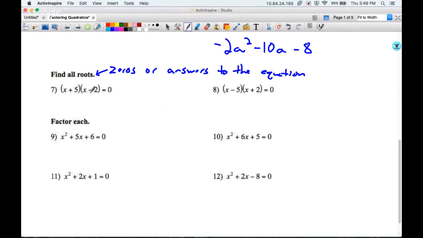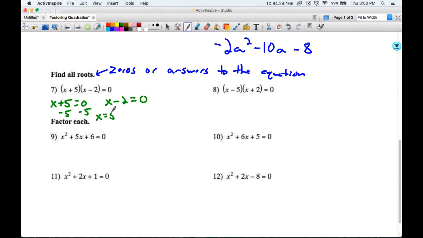Because I've got two linear factors being multiplied, I'm going to use my zero product property to state that if either of those factors becomes equal to 0, then the whole thing is equal to 0. So I'm just going to set those individual factors equal to 0.